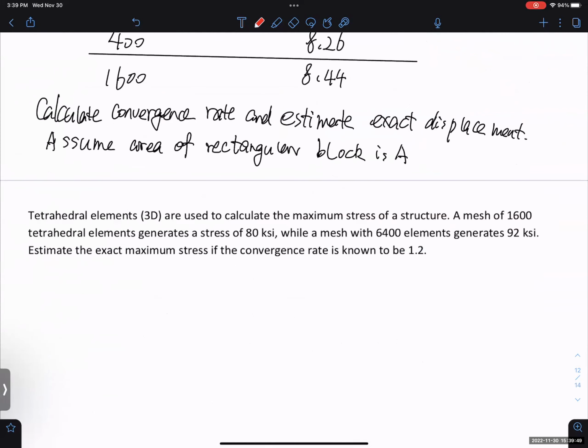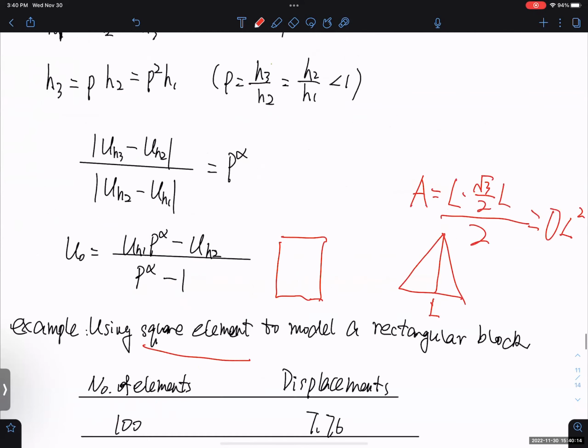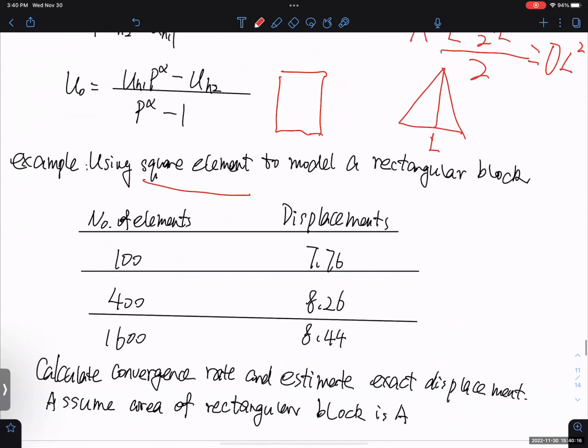Let's say for this problem, since it's 3D, the volume is constant, right? And let's say the first situation has 1600 elements. So this is the volume of a single element, and for the ratio, I can just use H2 over H1.